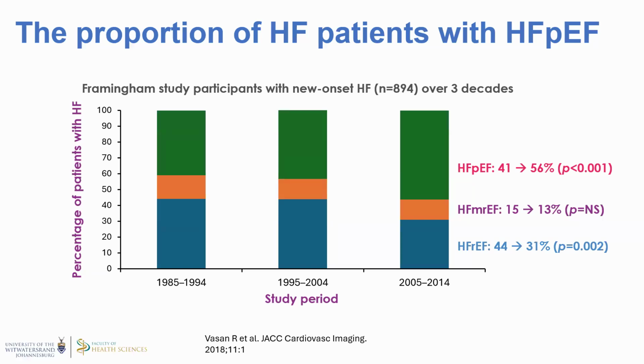But between 1995 and 2004, HFpEF slightly increased as compared to HFrEF in terms of proportion. But between 2005 and 2014, the number of patients with HFpEF in this study rose to 56% as compared to the ones with HFrEF, which was only 31%.